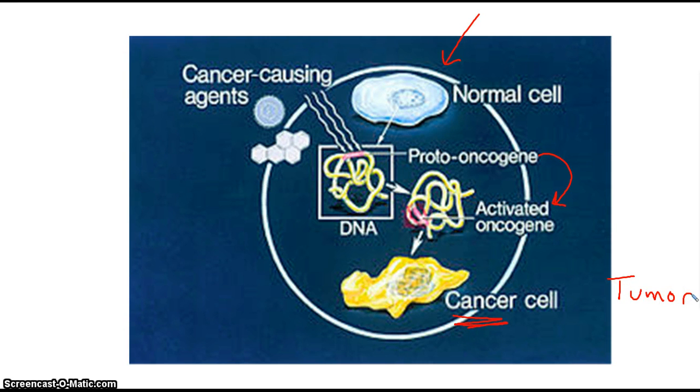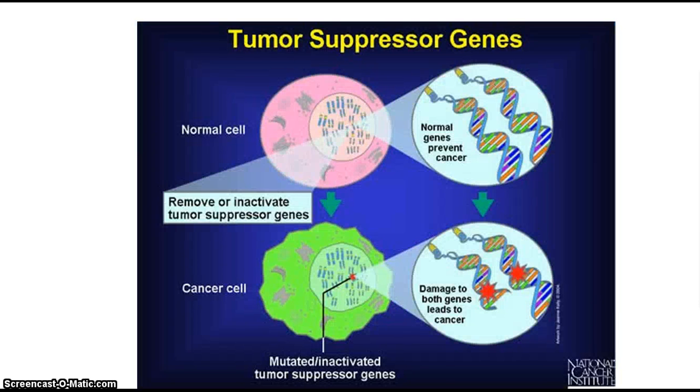Now the second one is these tumor suppressor genes. In the normal cell, they're on. We want them to prevent cancer. They're suppressing tumors. Now when tumor suppressor genes become mutated, they don't do their job, and the damage can lead to cancer again. So here's kind of the opposite.